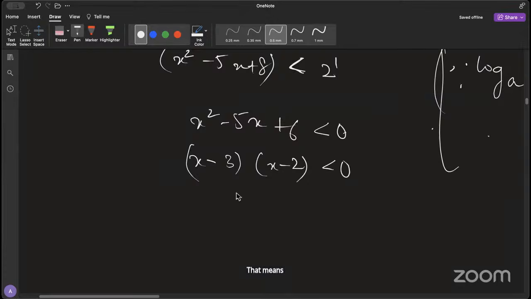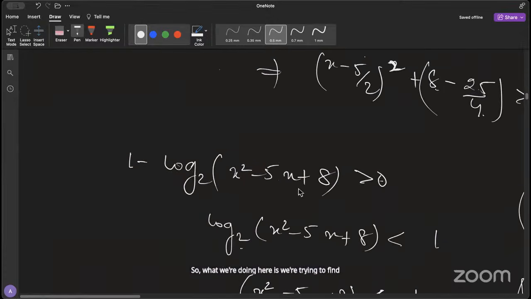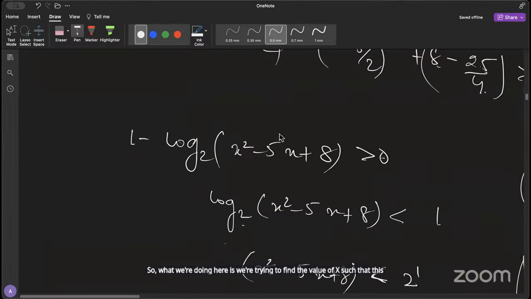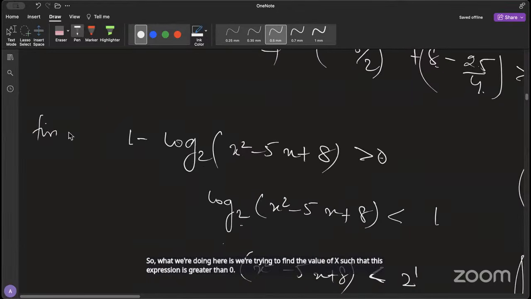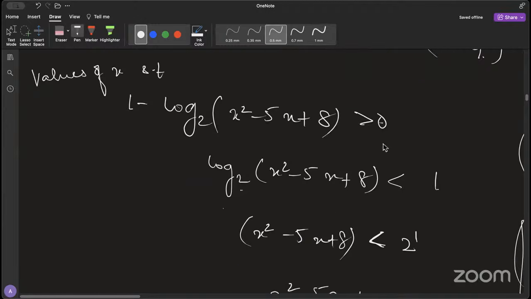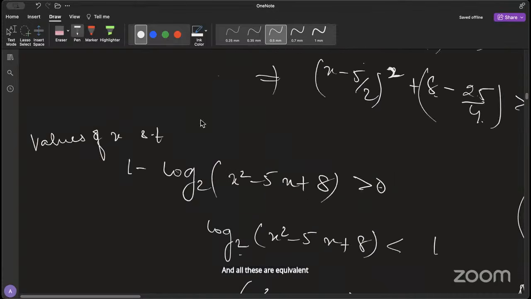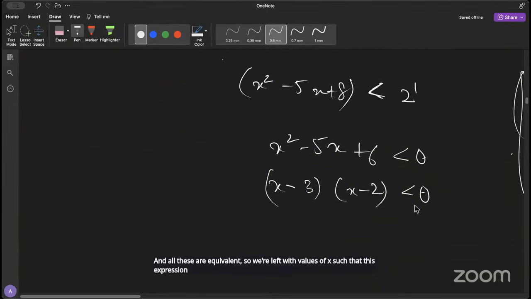So what we're doing here is we're trying to find the values of x such that this expression is greater than 0, and all these are equivalent. So we're left with values of x such that this expression is less than 0.